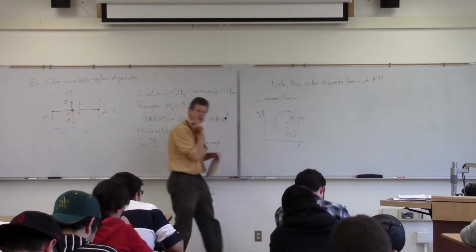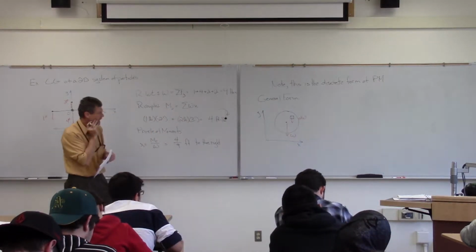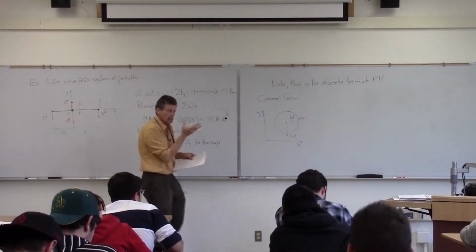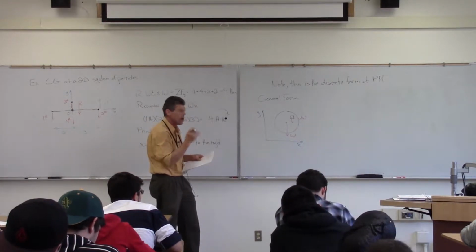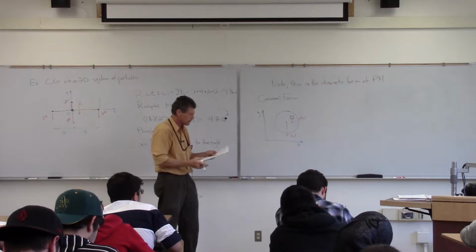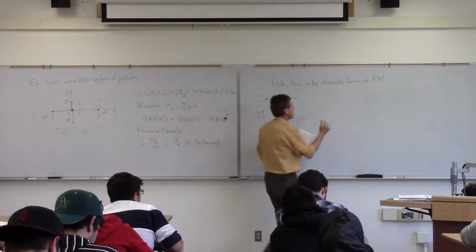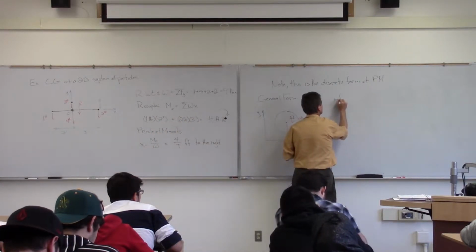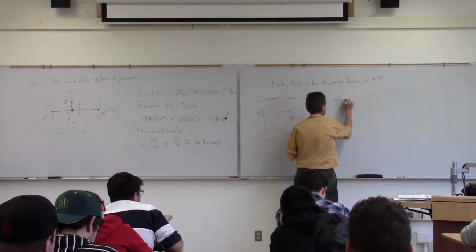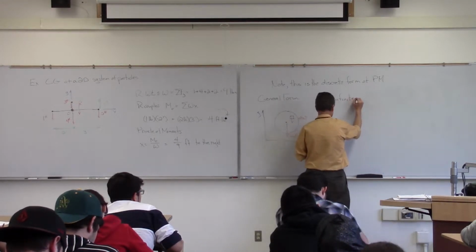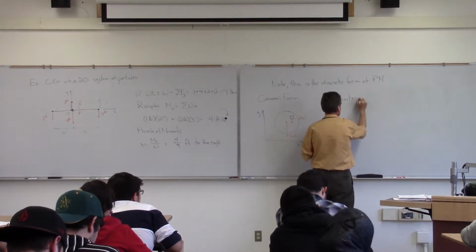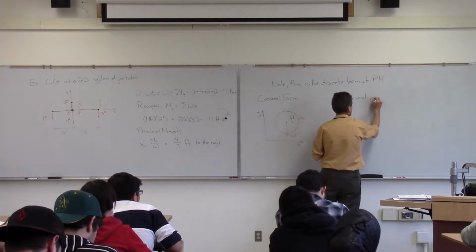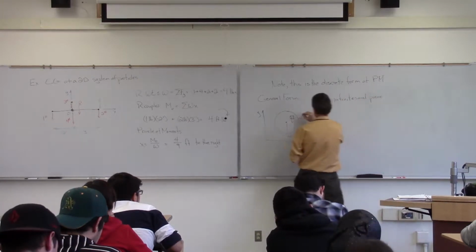And what we're going to do is look at an infinitesimal piece of that. And that portion, however small, will have a little bit of that weight, our dW. So we're going to take that.